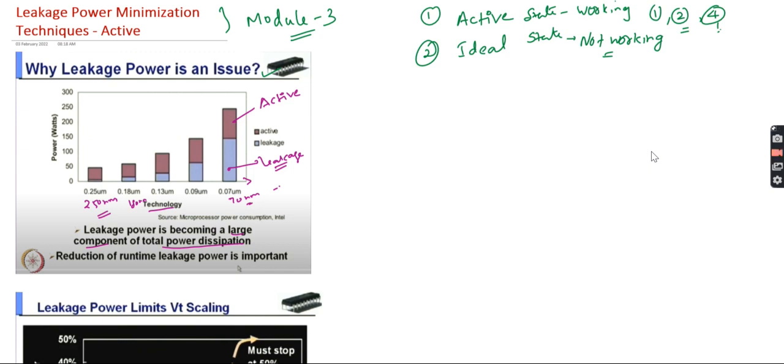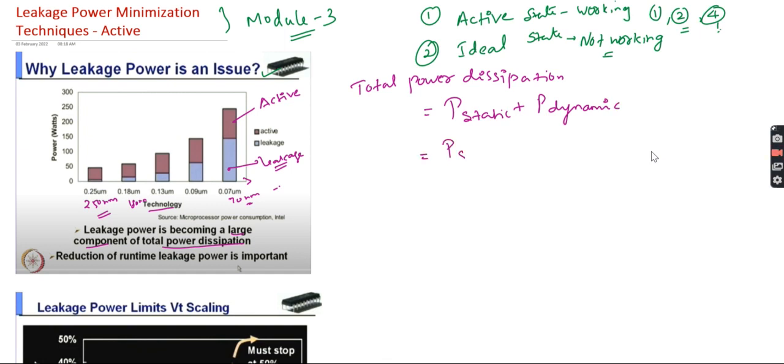That is why I said the leakage power is becoming a large component in the total power dissipation. The total power dissipation is a combination of P static and P dynamic. The P static is the leakage.